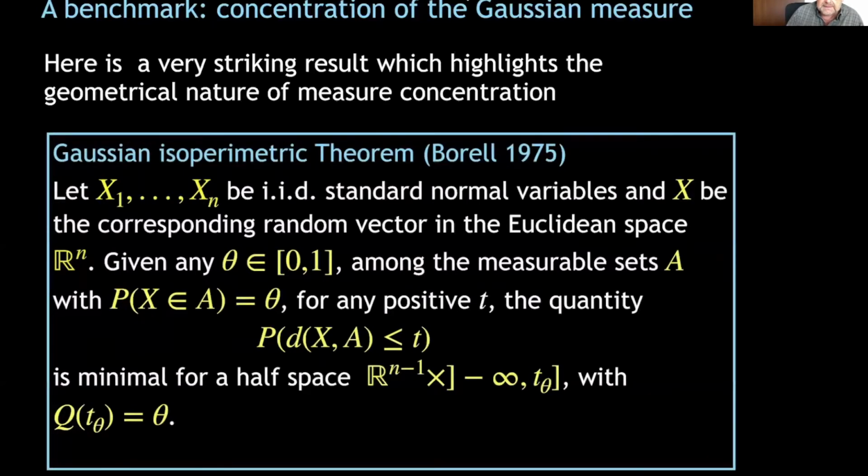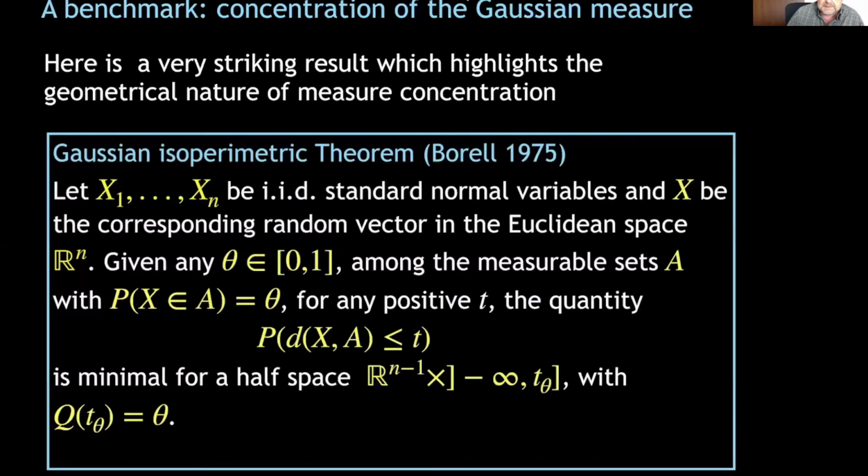For any theta in (0, 1), if you look at the probability that x belongs to the t-neighborhood of the set A, then this probability is minimal when you consider a half space, if you have fixed the probability that x belongs to the set A.